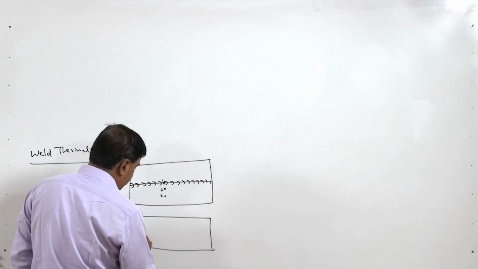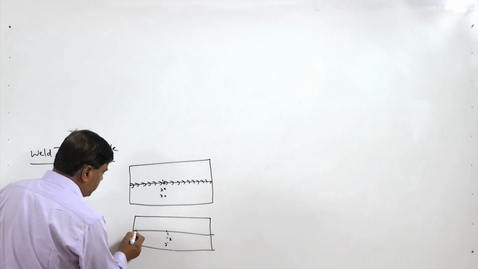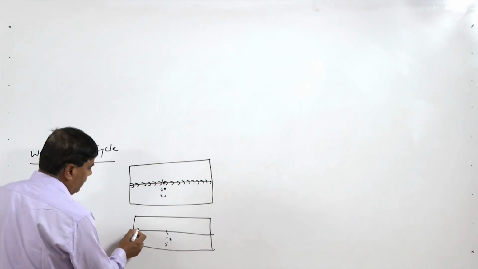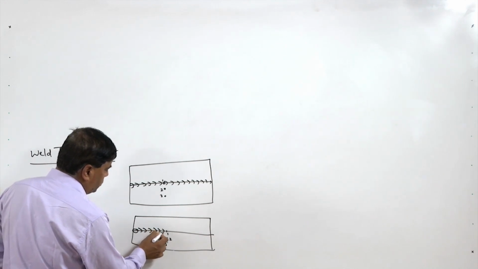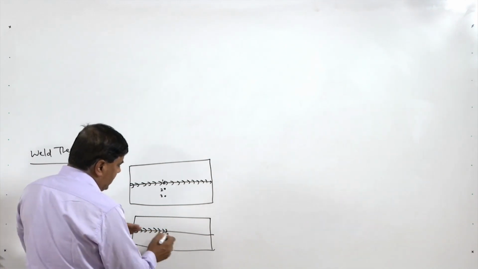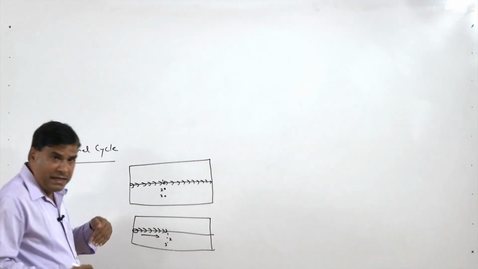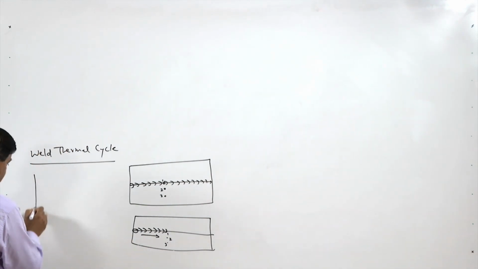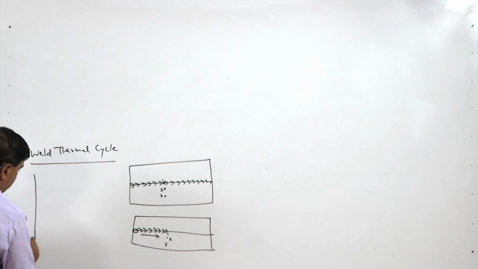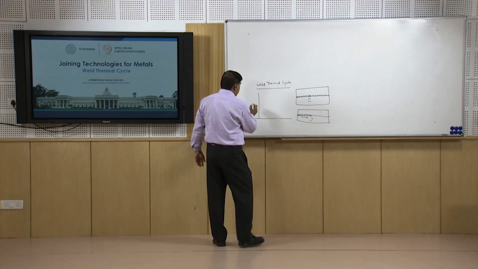As our heat source starts moving and approaches points 1, 2, and 3, initially these points will be receiving the heat, so there will be a rise in temperature. This variation in the temperatures of points 1, 2 and 3 can be plotted here.